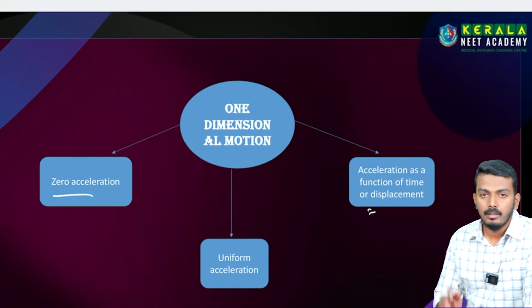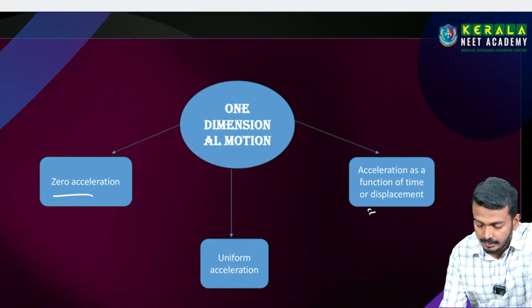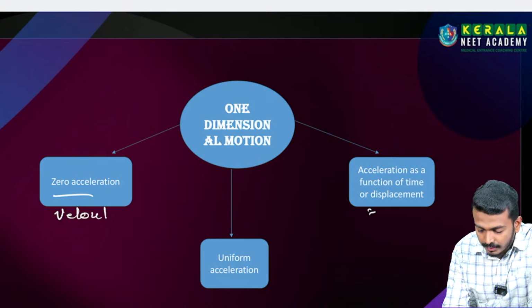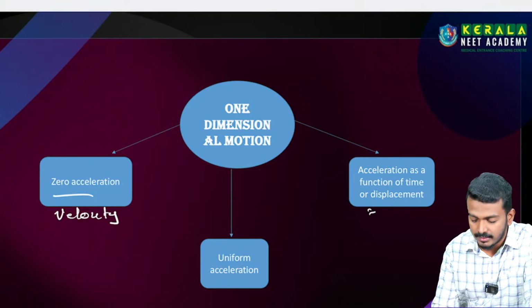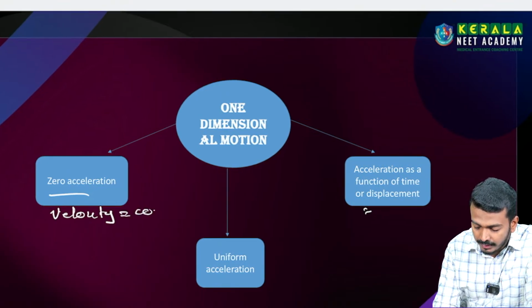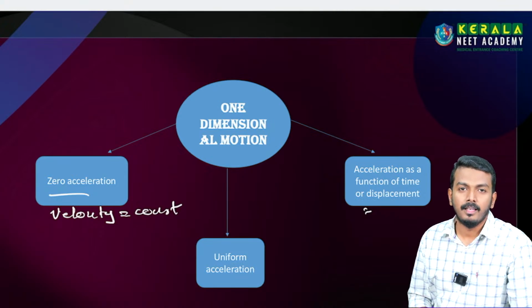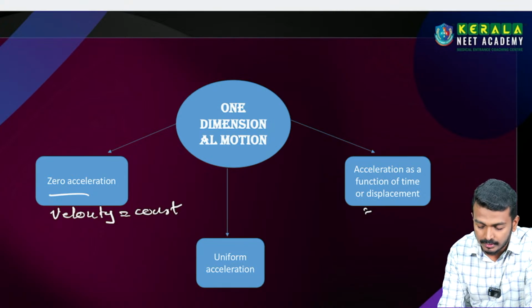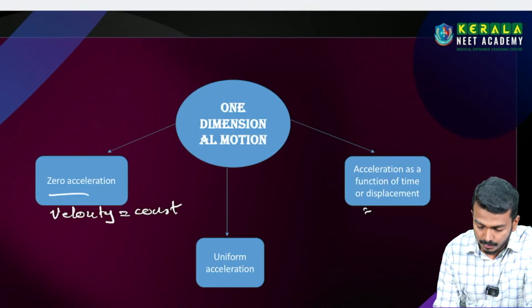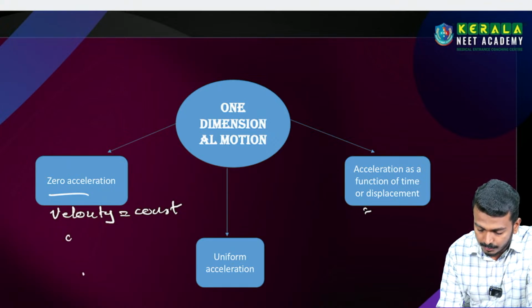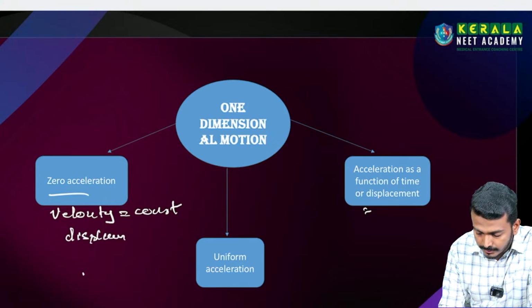First category, zero acceleration, you know what is meant by zero acceleration? Velocity of the body is constant. Velocity constant means you have to consider the displacement.